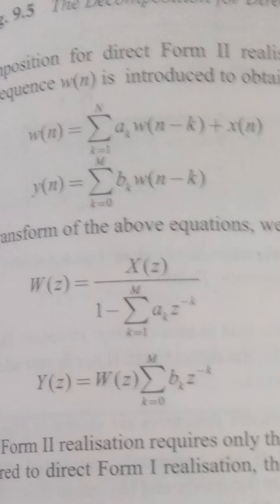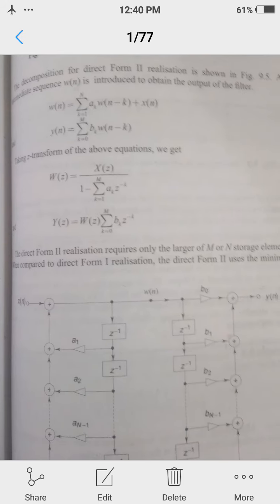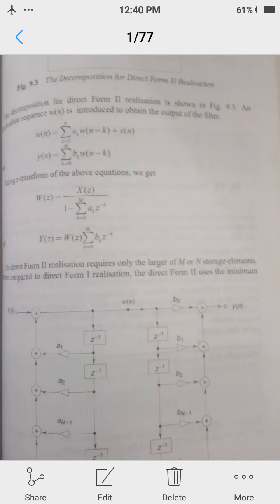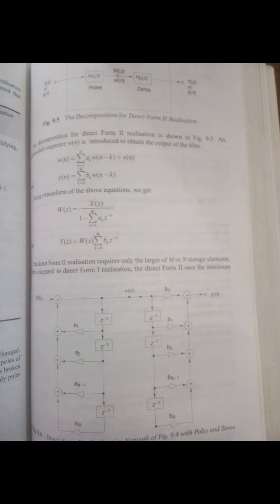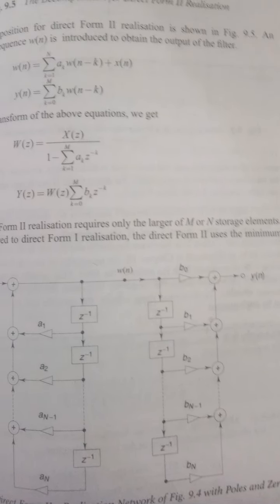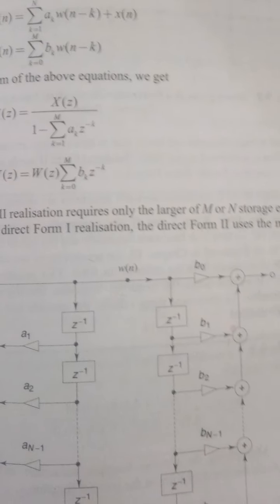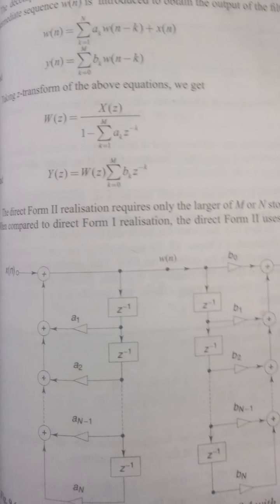In this direct form realization, we can see the structure. This is the structure of the direct form 2 realization network with zeros and poles. In this diagram, the right part after w(n) is for zeros, and the left part between w(n) and x(n) is for poles.